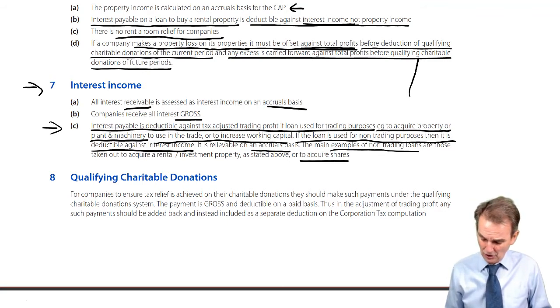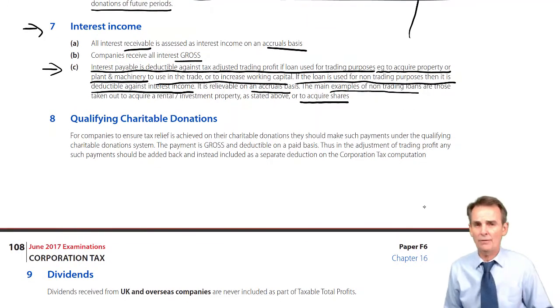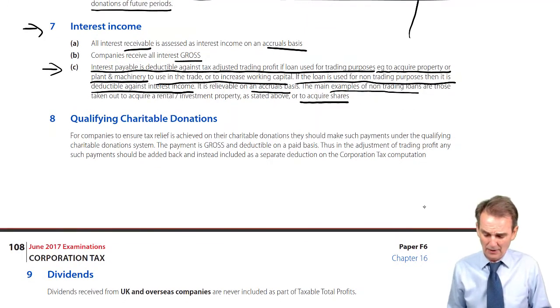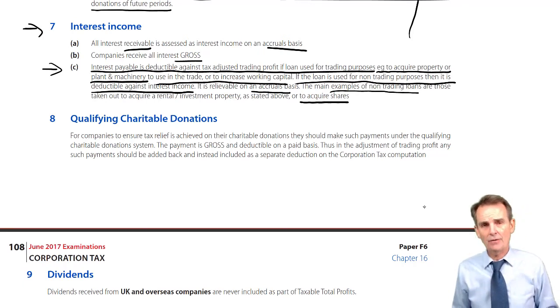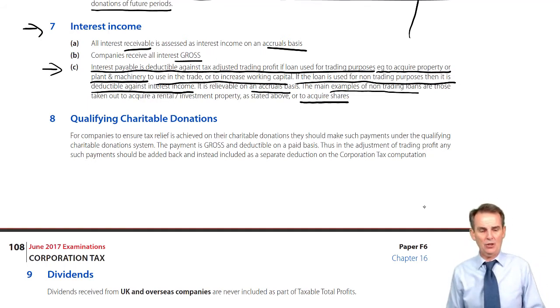Qualifying charitable donations, as we've said, all such donations, as long as they're to qualifying charities, will gain relief. They are deducted from total profits in deriving TTP, and they are deducted on a paid basis.